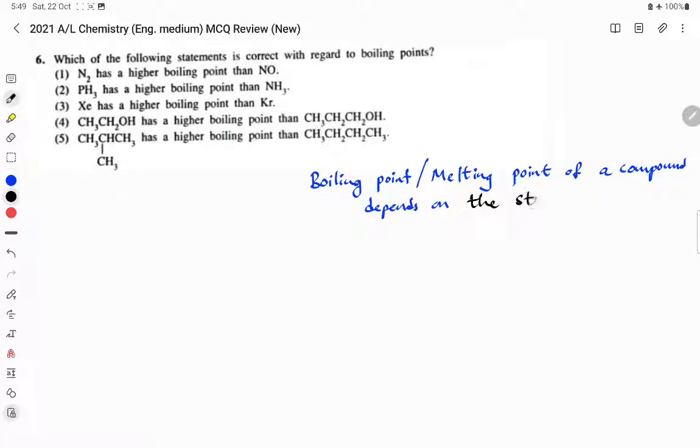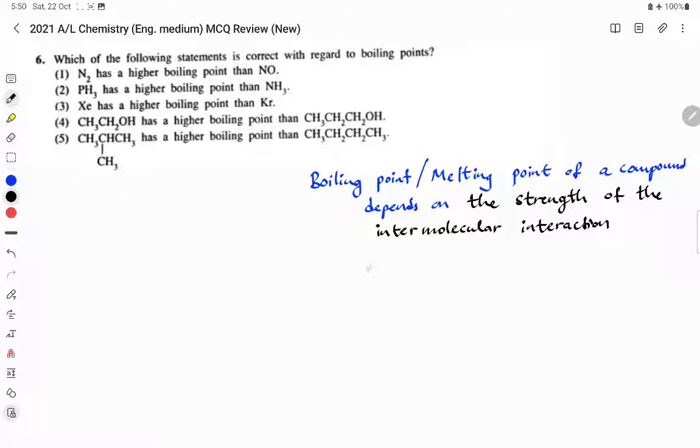The strength of the intermolecular interactions. This is important. Now you should know what the factors affecting the strength of intermolecular interactions are.